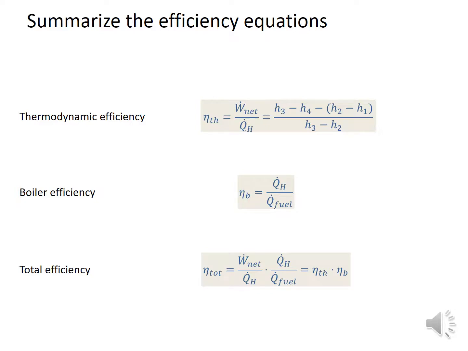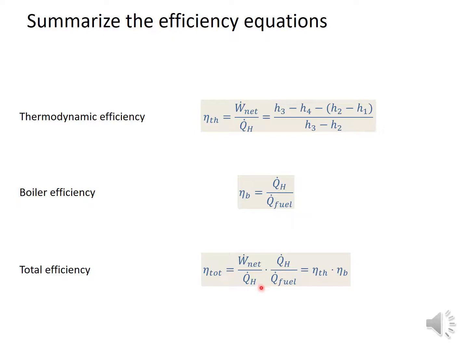We can now term a total efficiency, which basically says that we want to look at the work that we get out divided by what we could have gotten in if we could extract all the energy from the fuel and have an ideal heat exchanging system to put it into the cycle.